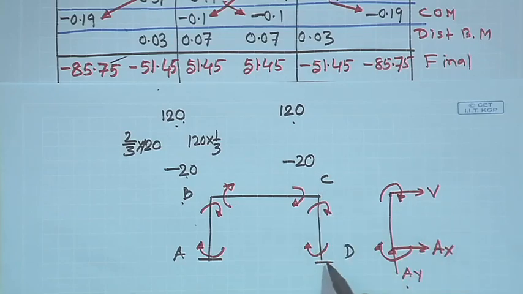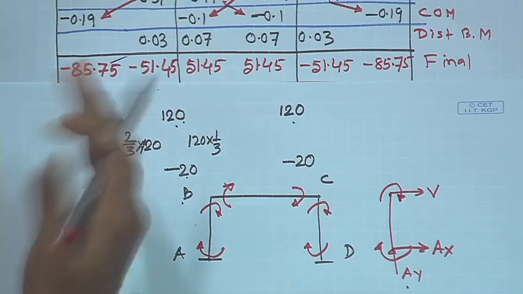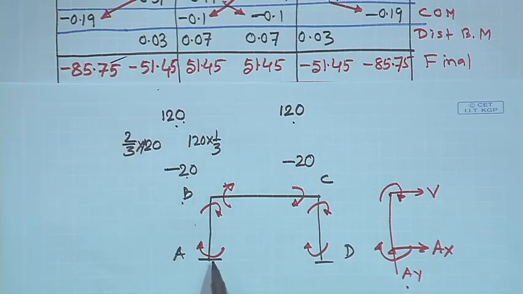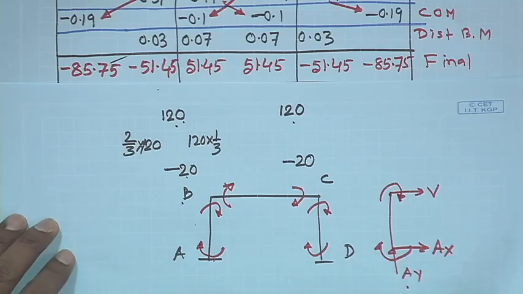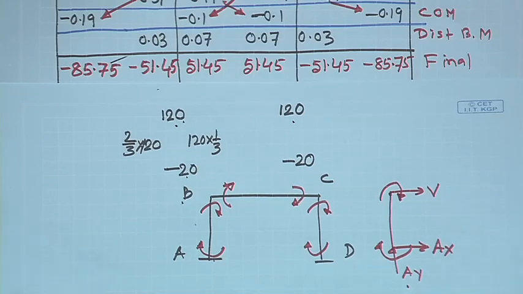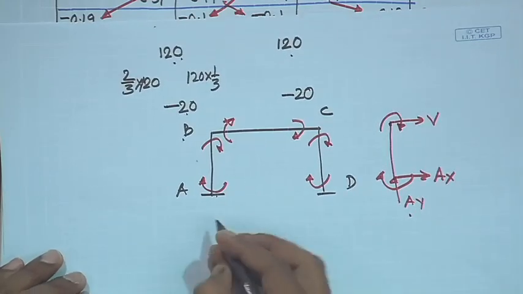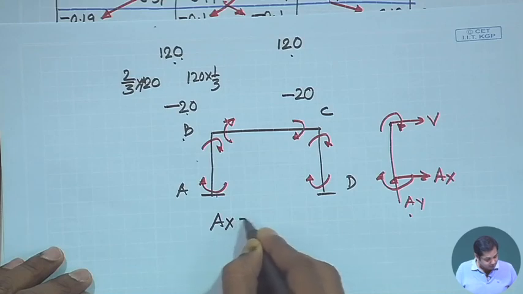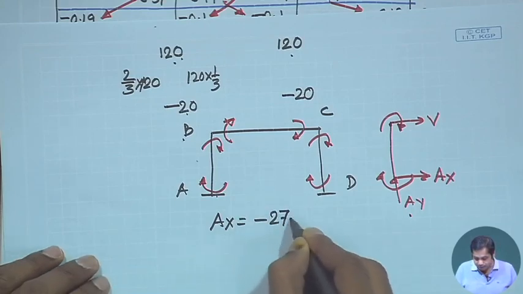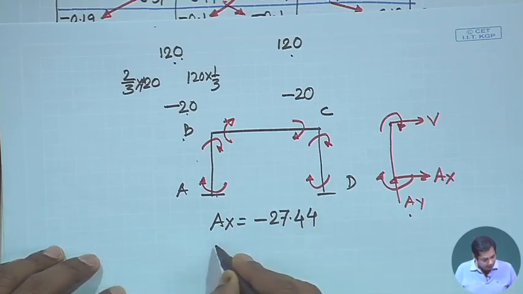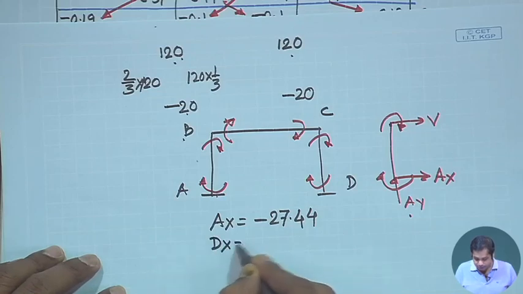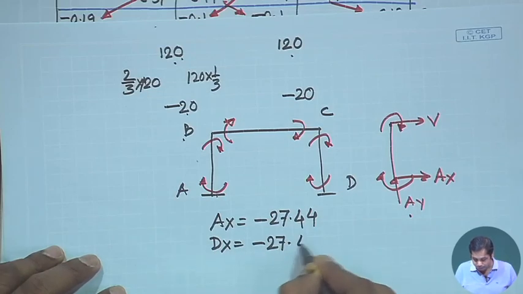Similarly, if we do the free body diagram of CD, exactly the way we have done for the previous sub-problem 1, we can calculate the value of AX and the value of DX. We get AX equal to minus 27.44 and DX equal to minus 27.44.